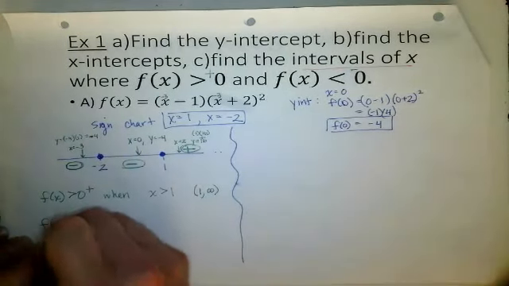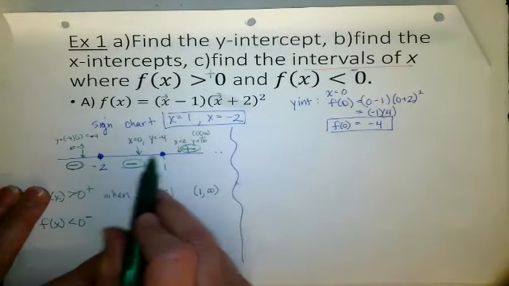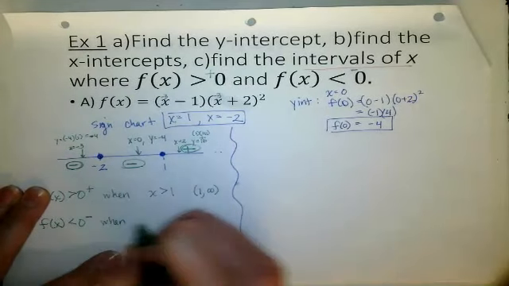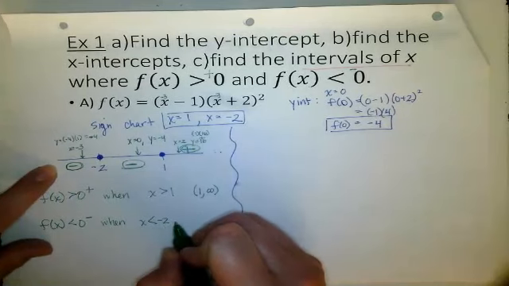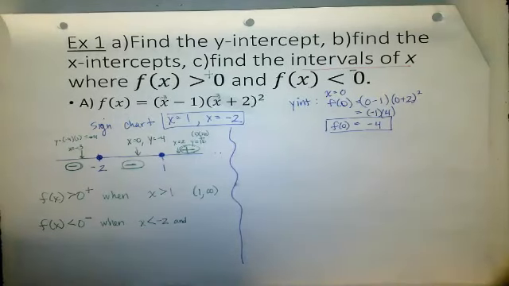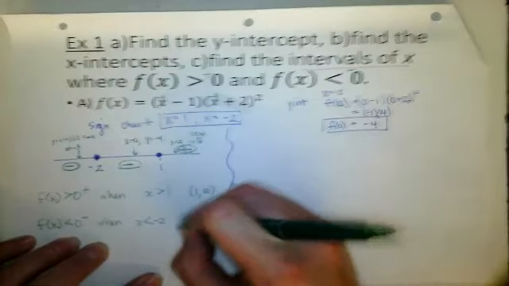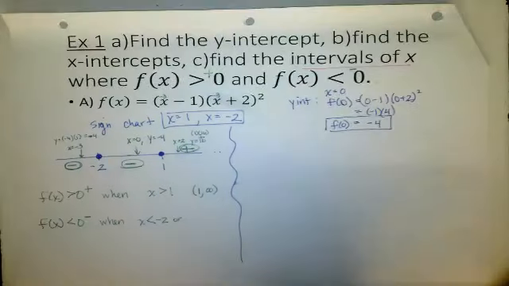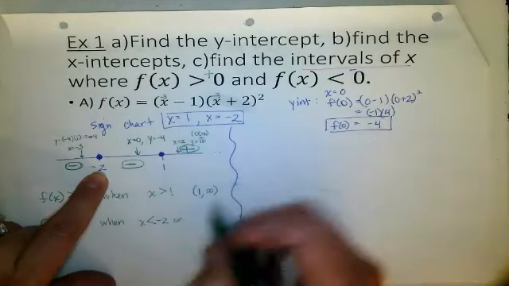All right, f of x is less than 0, or negative. All of these regions are where our y values are negative. And so we can say when x is less than -2 or, I don't know what your word is, I think the book uses or, when x is between -2 and 1.